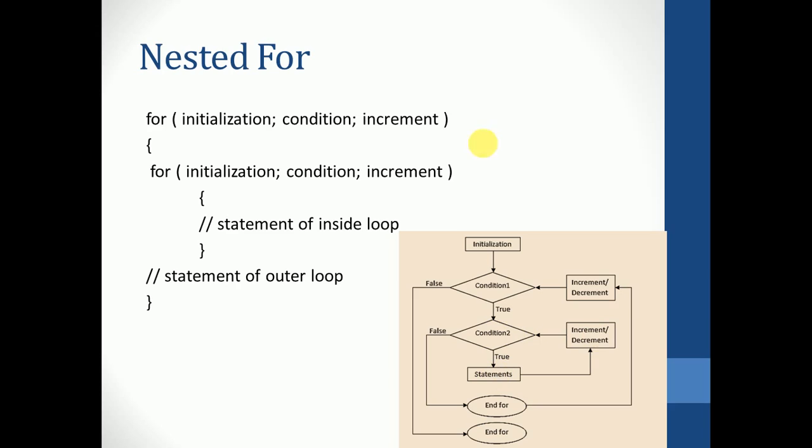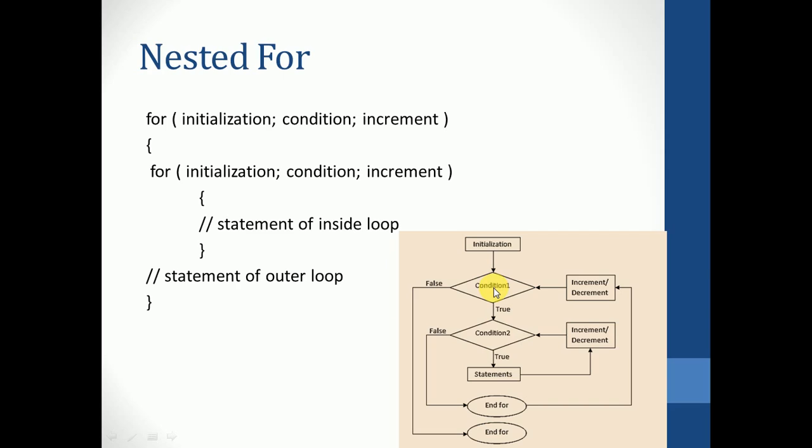Suppose after incrementation the inside for loop condition is not satisfied or it becomes false, what happens? It directly comes to this end loop, and then it goes to the outer loop and starts to increment, and after incrementation it checks for the condition.